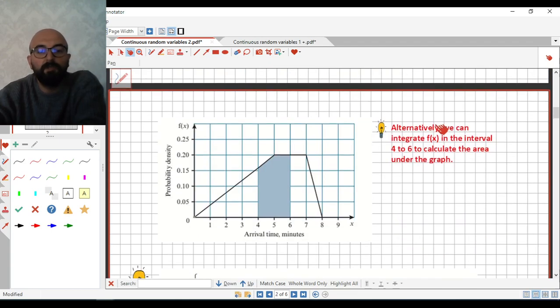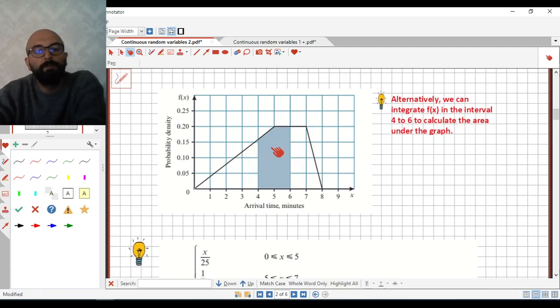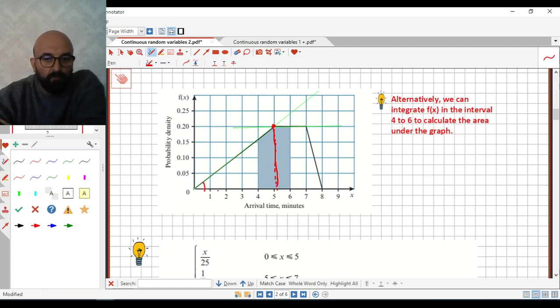And if you want to compute the probability by using integration, you need to have these line equations. So this line's gradient is, for example, this side over this side, and it means tangent, the gradient is 0.20 over 5, so 1 over 25, and this line equation is x over 25.